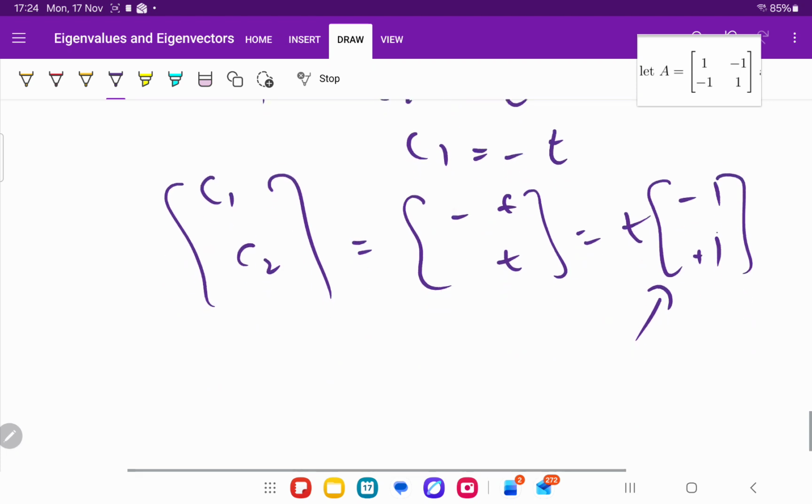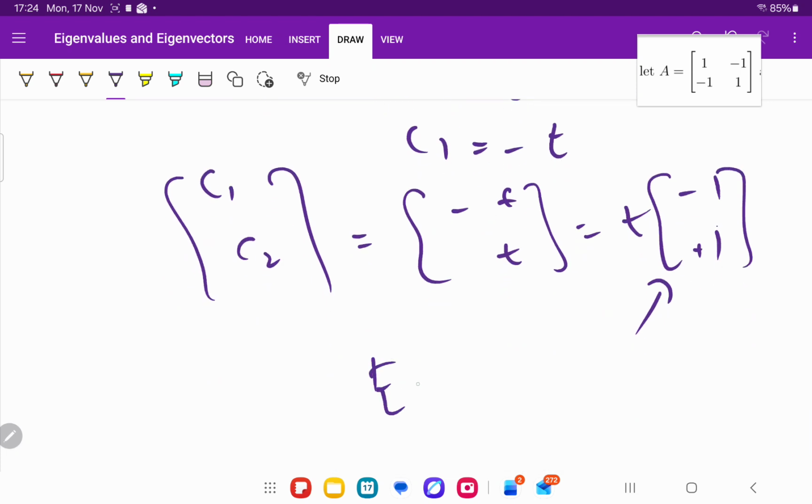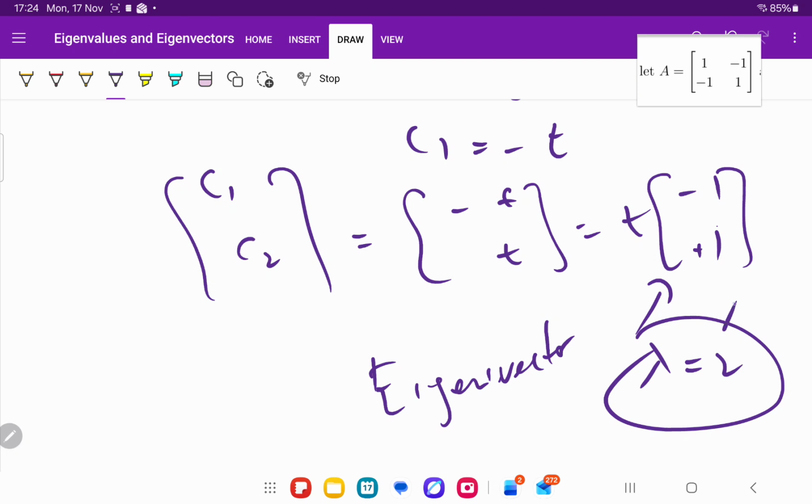So that is called the eigenvector corresponding to lambda is equal to 2. So this is the eigenvector.